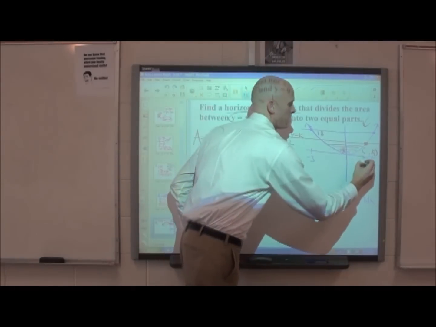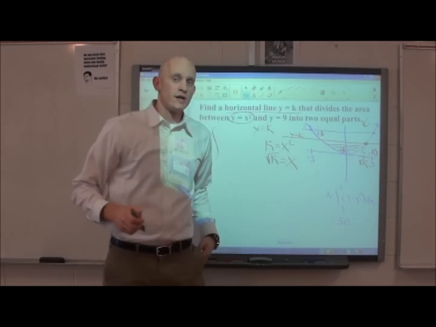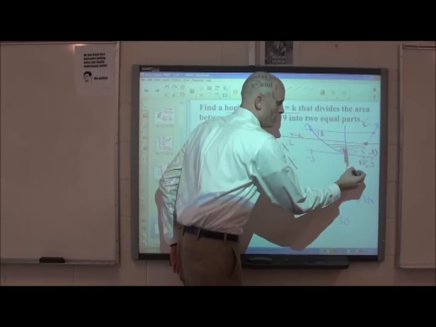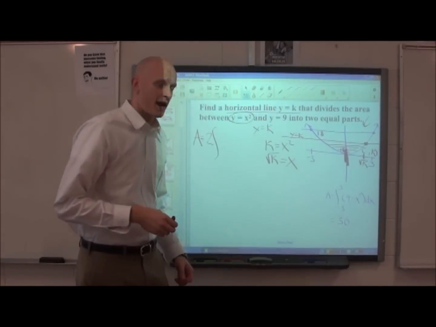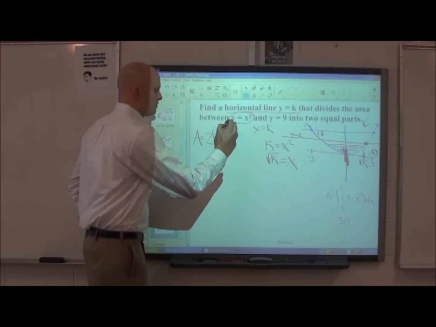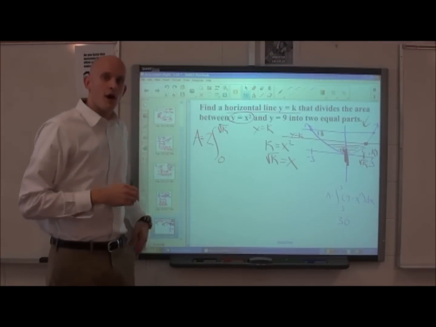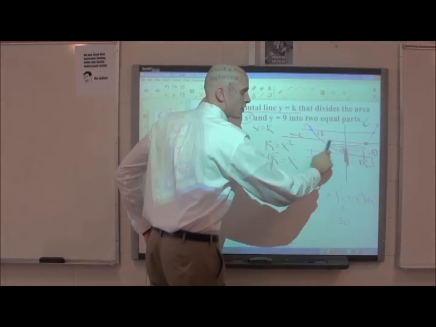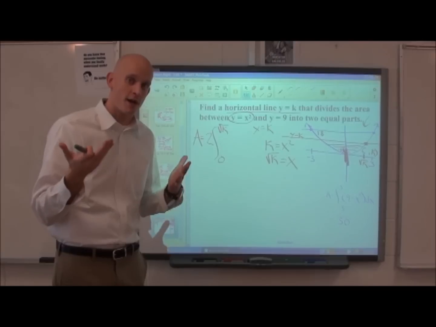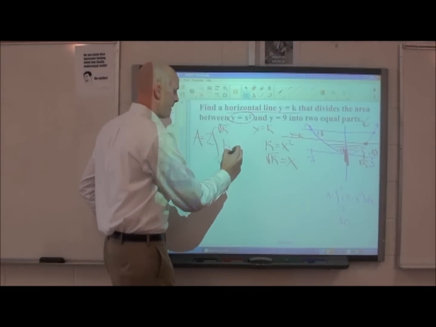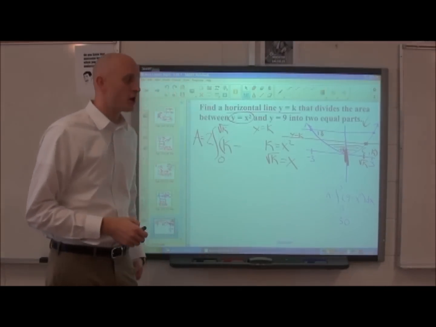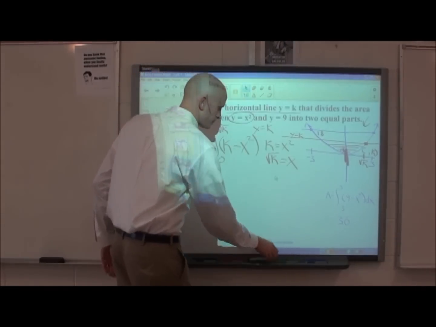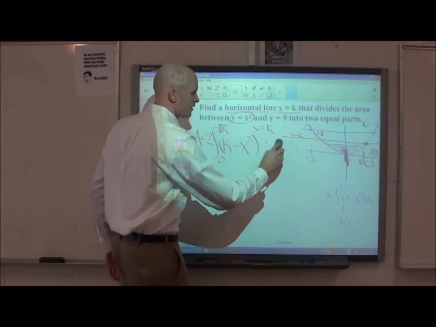So this value here that we're going to integrate up to, our upper limit from 0 to the square root of k, of the top curve, which in this case, the top is this curve. We don't know what that number is, but we know that number is k. Minus the bottom curve, which is x squared.